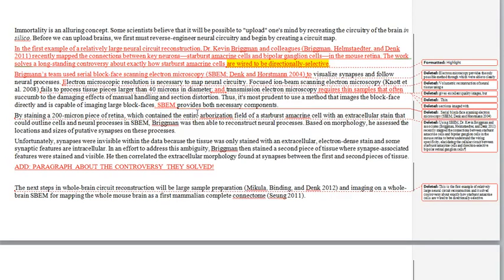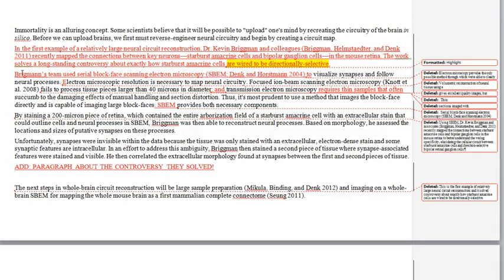So it's arguing why serial block face scanning electron microscopy is so important here, and telling you why other types of microscopy weren't used. All right, so I think that works. Of course, again, I would question whether we need even all of these details about why one type of microscopy versus the other, but maybe that's very important. I'll leave that to the author to judge in their revision.